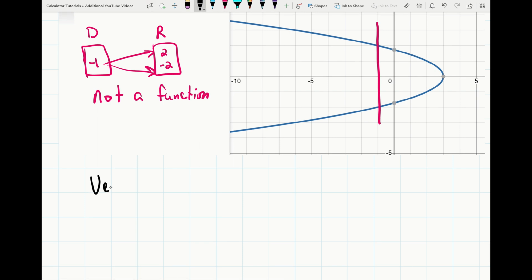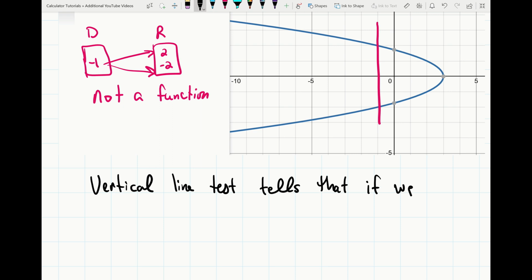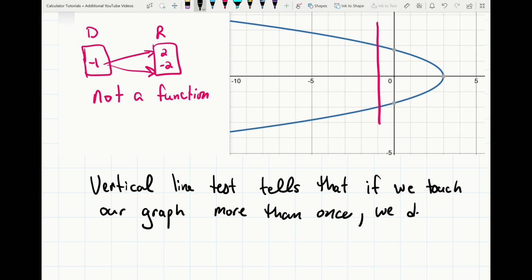So the vertical line test tells us that if we touch our graph more than once, which in this example on the board right now, we clearly do, we do not have a function.